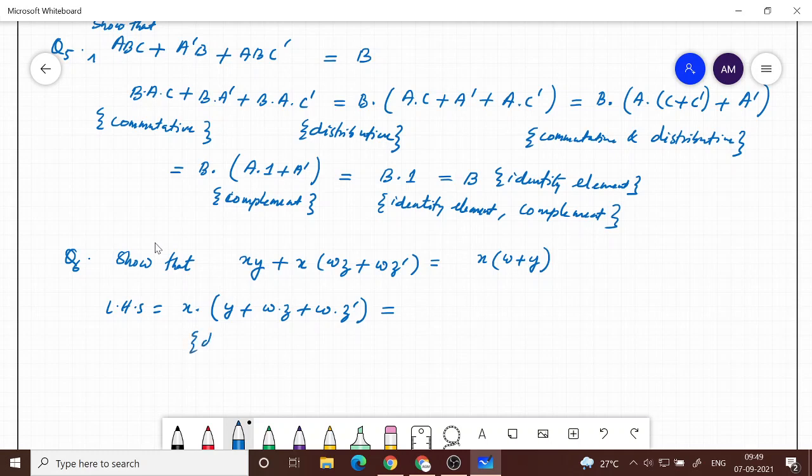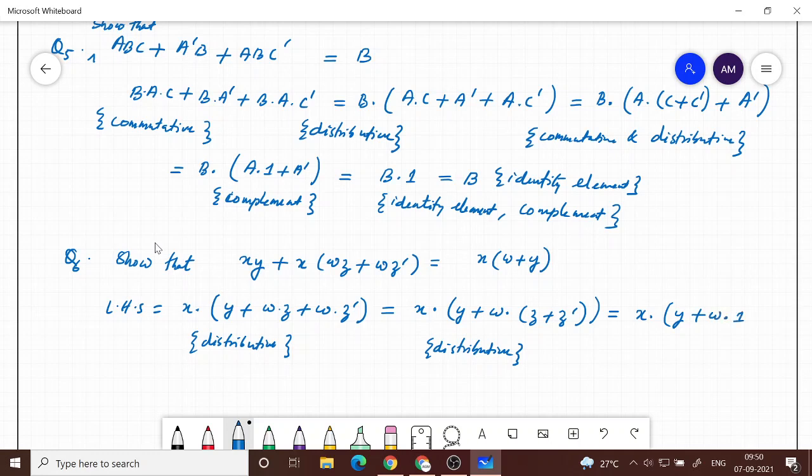So here you have to use distributive, and then one more time you use distributive, again distributive, x dot y plus w dot 1.